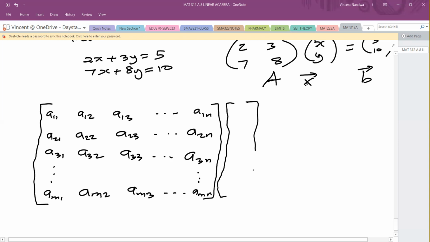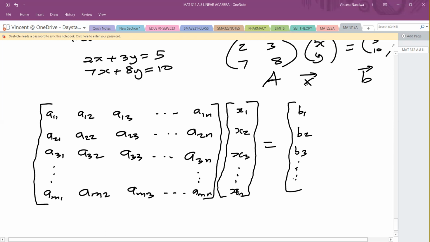And then we have X1, X2, X3, all the way up to Xn equals B1, B2, B3, up to Bm.